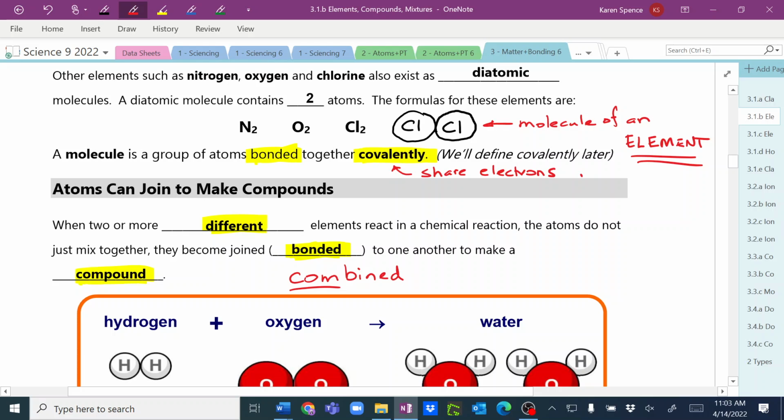NaCl is a compound, yes. We have combined two or more elements, and that is a compound, okay?